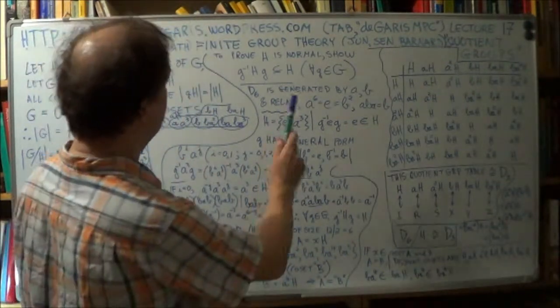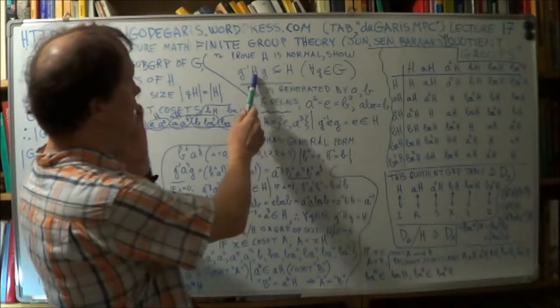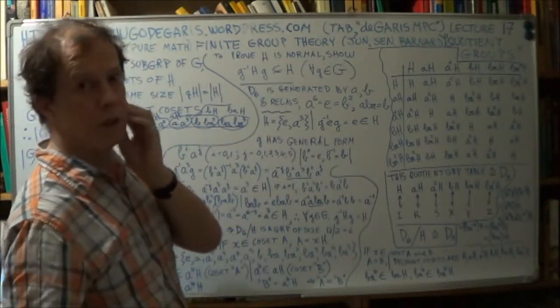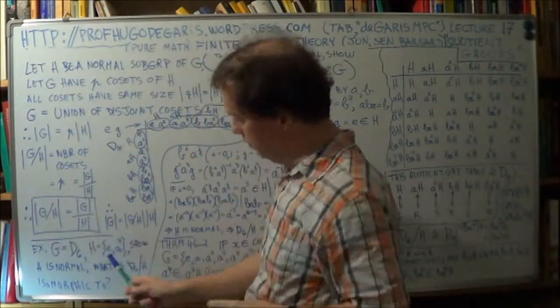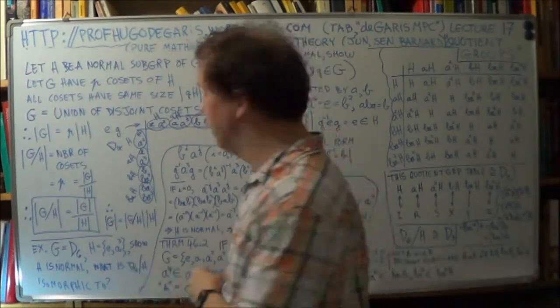So we have to show for each member of H, the subgroup, which is only 2 of them, E and A cubed.